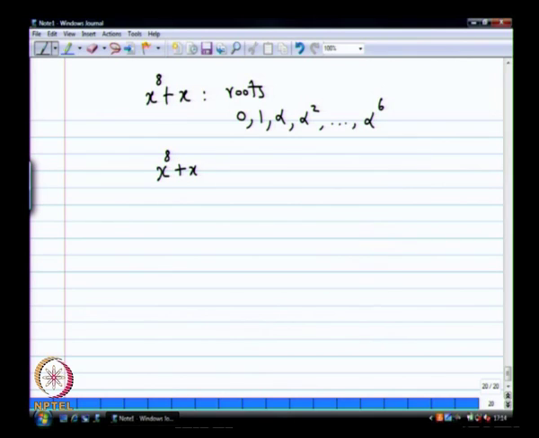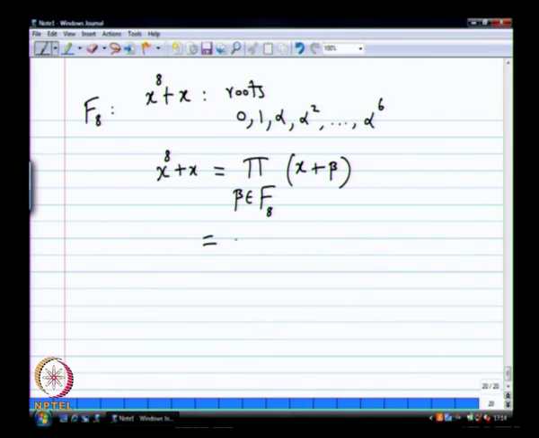What should x power 8 plus x be? Product over beta in F8 of x plus beta. Look at what is happening here, it is very interesting.